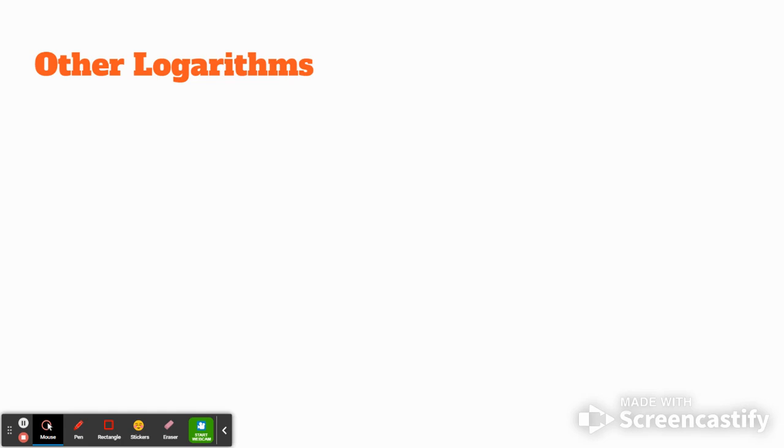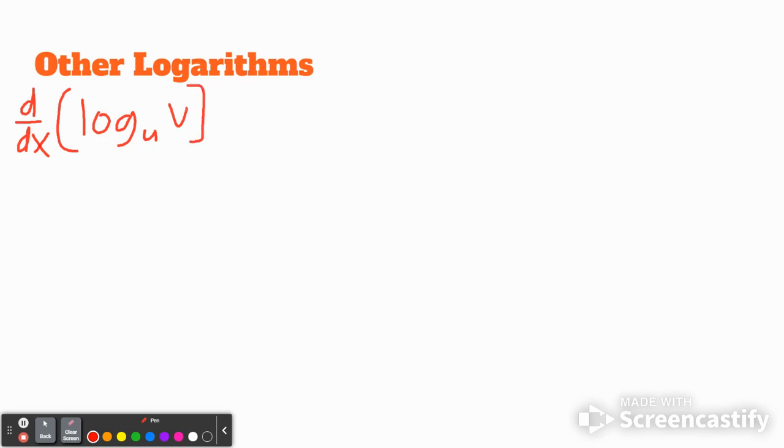So it turns out that if we want to find the derivative of a function of the form log base u of v, where u and v are both functions of x, I'll just give you the formula right off the bat, and then I will show you how I derive the formula.